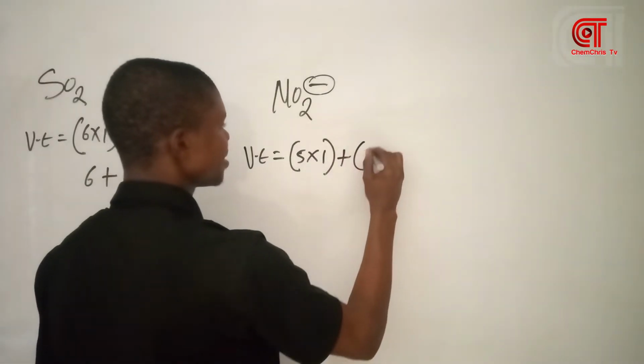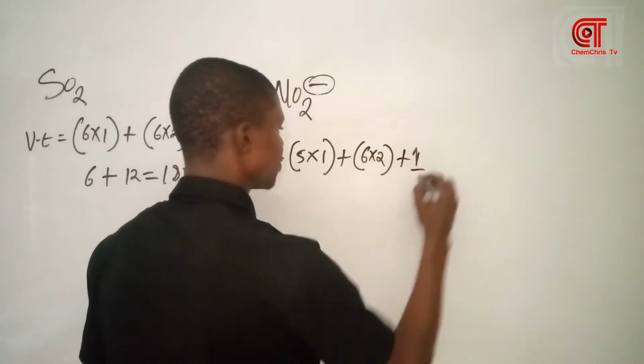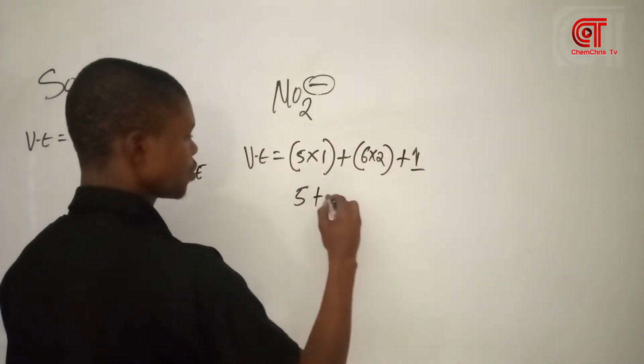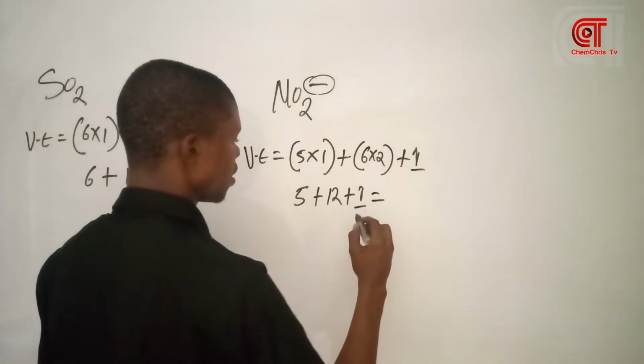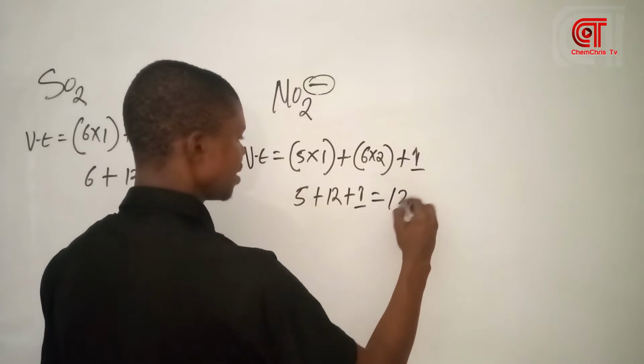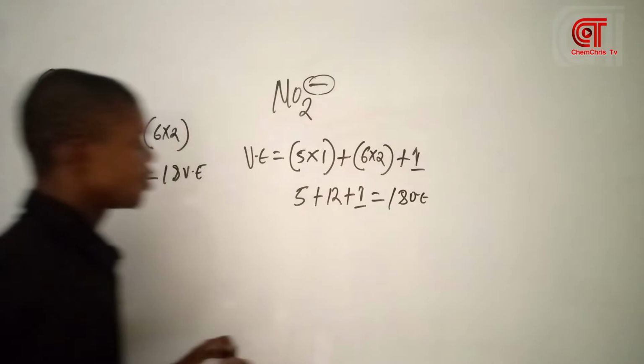Plus 6 times 2. Now here we have minus 1, so it's going to be plus 1. 5 plus 12 plus 1 is going to give me 18, right? 18 valence electron.